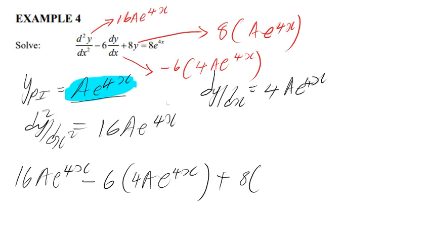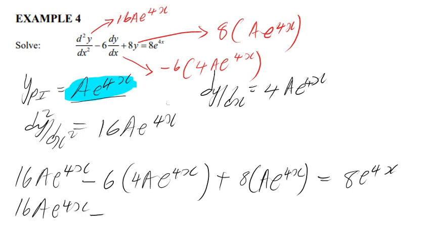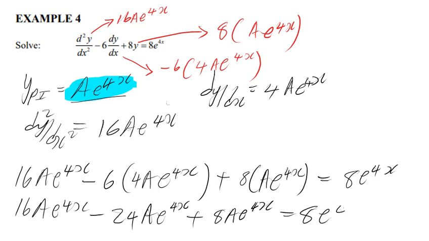That's why I said write YPI there. So let's combine this: 16a e to the 4x minus 6 into 4a e to the 4x plus 8 into a e to the 4x equals 8e to the 4x. Then we simplify this: minus 24a e to the 4x plus 8a e to the 4x equals 8e to the 4x.